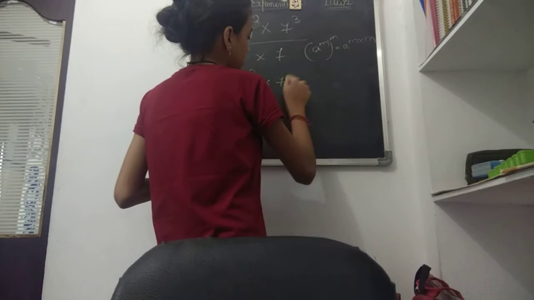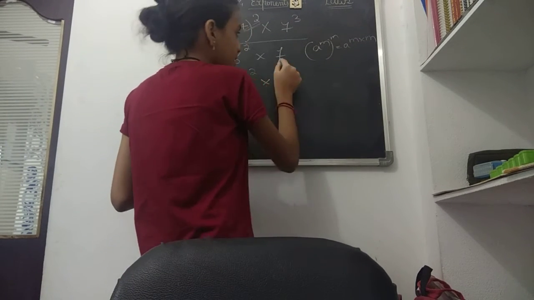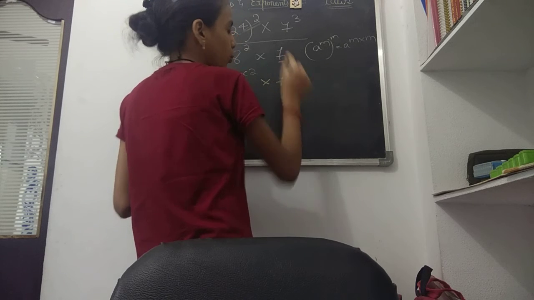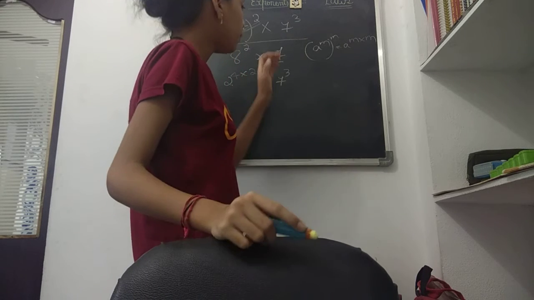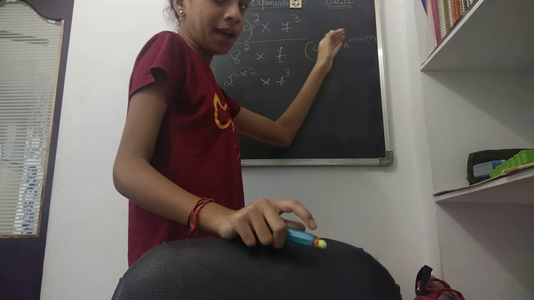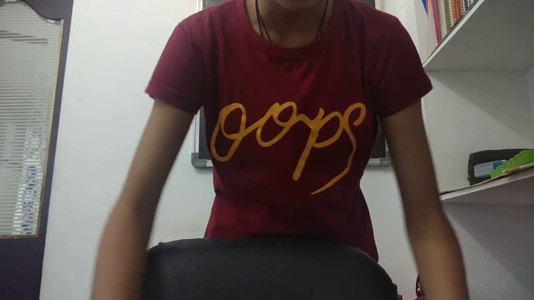So 7^3, as this is in the denominator, meaning division, we can bring it up and subtract, using the second property. I will show you the properties in the book and solve the problem.